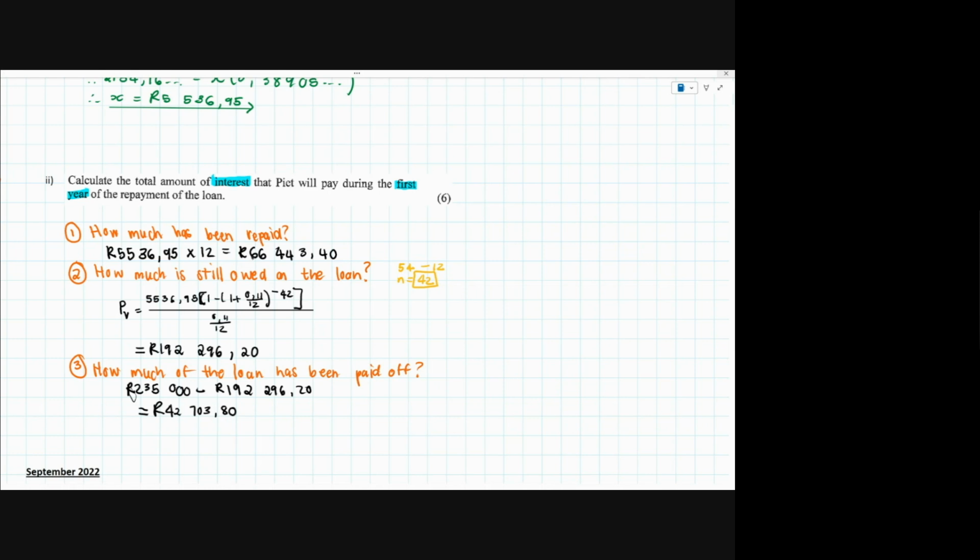Right, I'm just going to hang on a second here just so we understand what's happening. So I have worked out how much he's paid. Now remember these monthly repayments that you have worked out. So over here, these monthly repayments. This includes interest. Remember your monthly repayment of a loan includes all the interest, which means this amount over here is your year's worth of repayments, including interest. So we're going to make a little note. So this all includes interest.